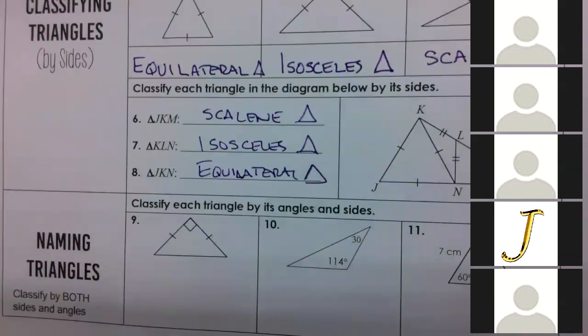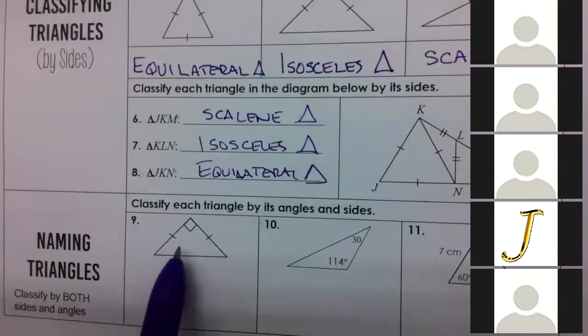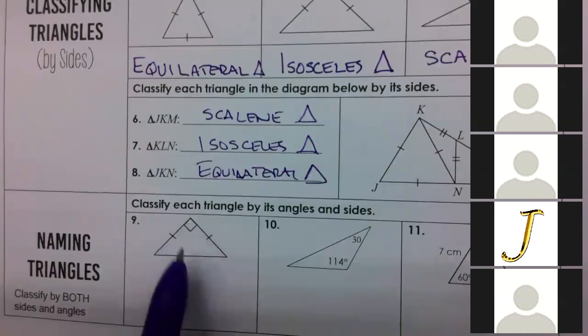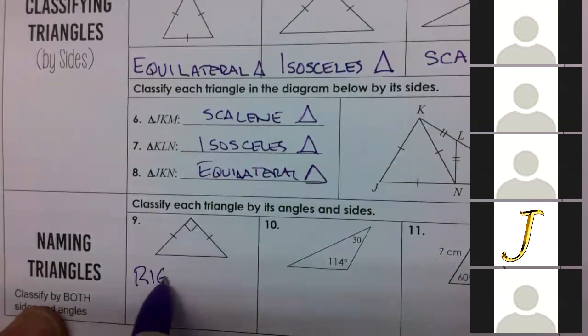So we're now putting those two together to name triangles with both angles and sides. So let's do the angles first. What do we classify this one as by angles? Right. So this is a right. And then what do we do when we classify it by sides? Yep, right isosceles triangle.